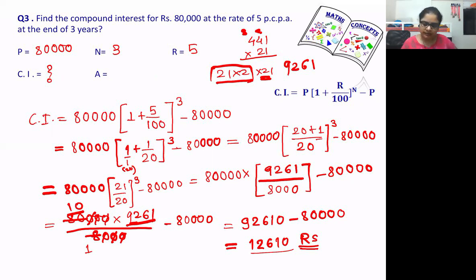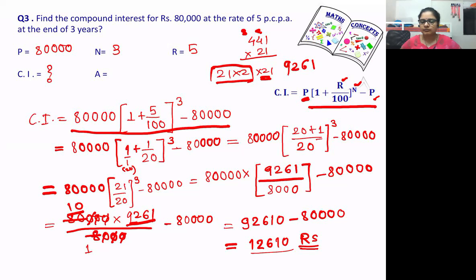Here, look at the formula. We know P, we know R, we know N, right? So we just have to calculate. We have to write all the values and we just have to calculate it. If you want, you can write down these steps, and let me know if you have not understood any of the steps.